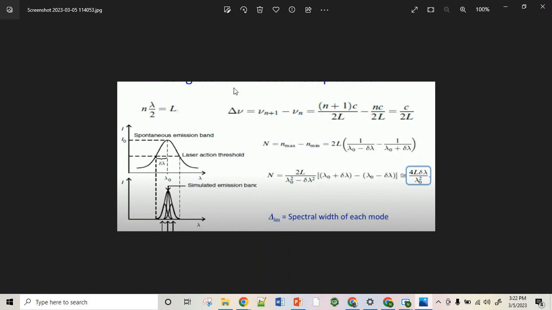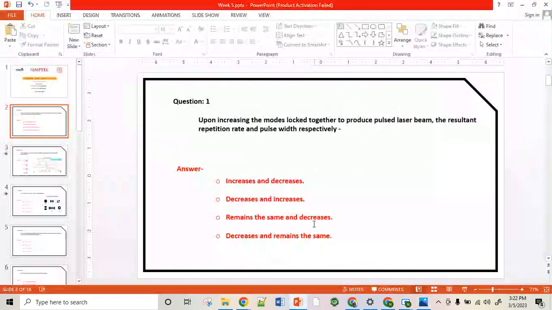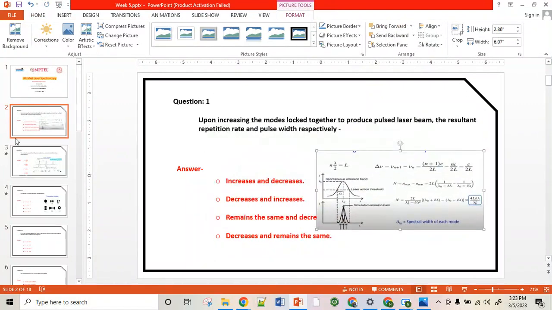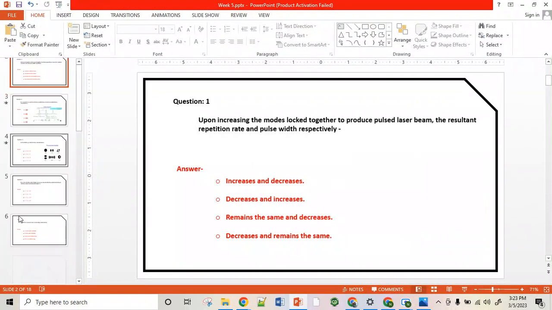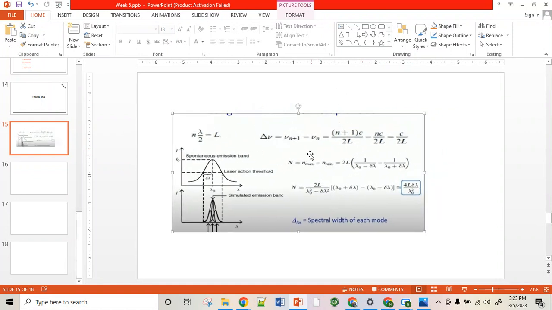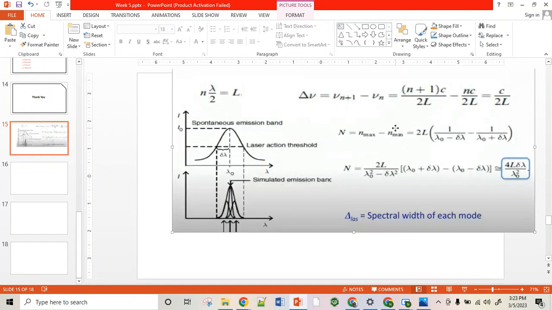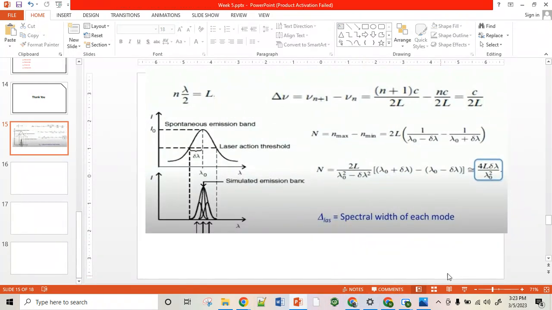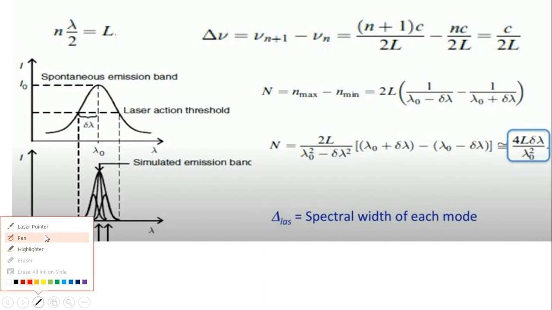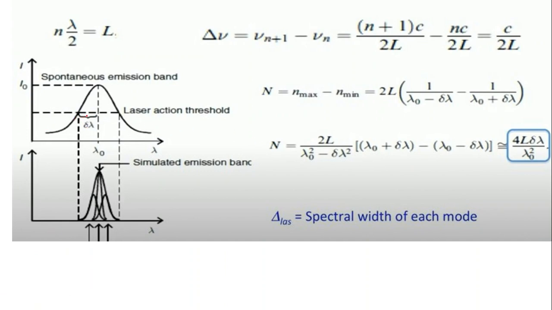Okay, this is the spontaneous emission band, and the half width at half maximum of this is given by delta lambda.